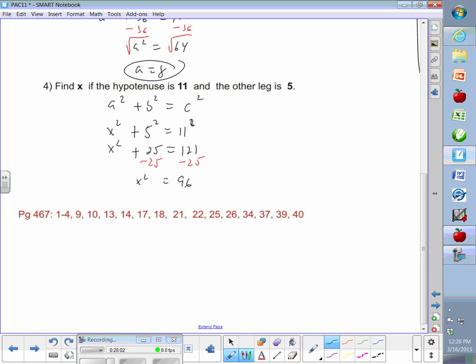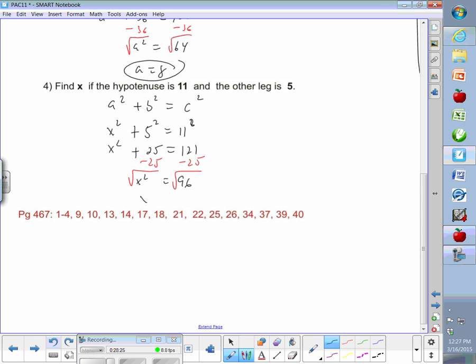Adriana, what do you want to do next? All right, we're going to take square root of both sides. Do I need my plus minus? No, because it is distance, right? Antonio, what's the square root of x squared?